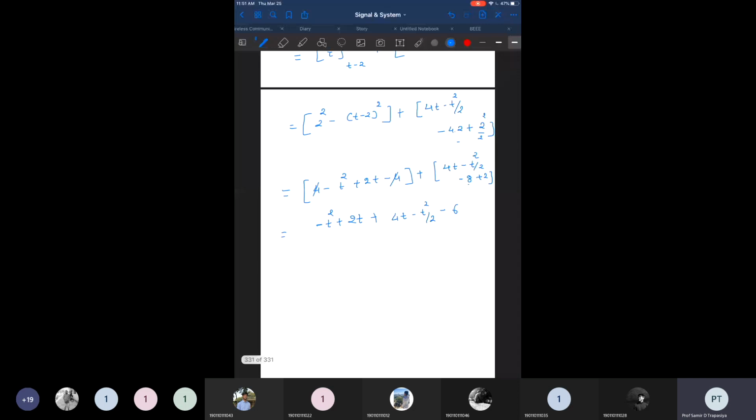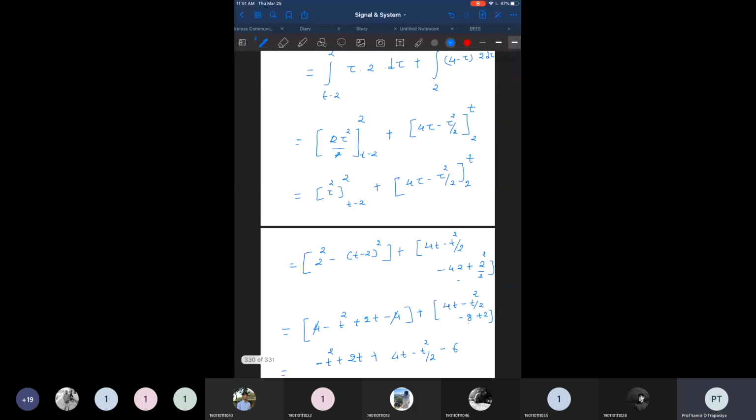This value is 2, so that becomes 8t minus t square and minus 6, and that is minus 12. Okay, now we have this equation, minus t square minus t square, so that becomes minus 2t square, and 8 plus 8, so that becomes 16.